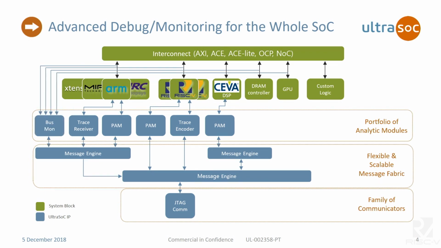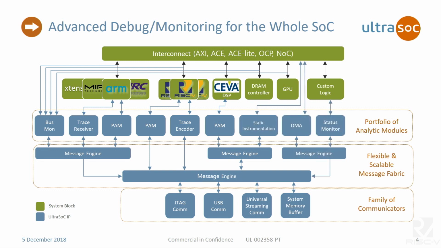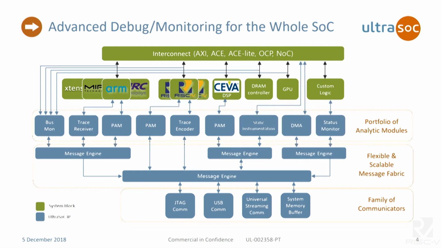In addition to that, what you need is monitoring of interconnects, so you can observe how transactions are behaving. You'll need some way of faster I/O other than JTAG off the system. Other kinds of monitoring IP, static instrumentation, logic analyzer. That's this status monitor.